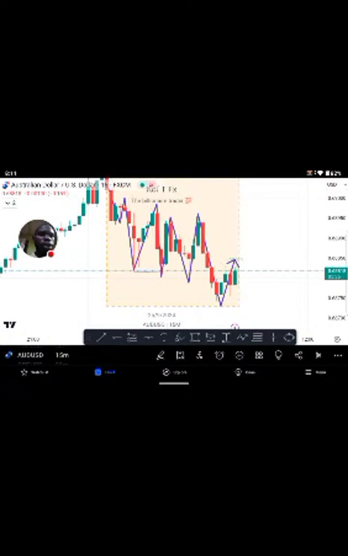Then price should go up and take out, should give us something like this. Then price should go up and take out the high before coming down to take out this low. While our entry will be here.